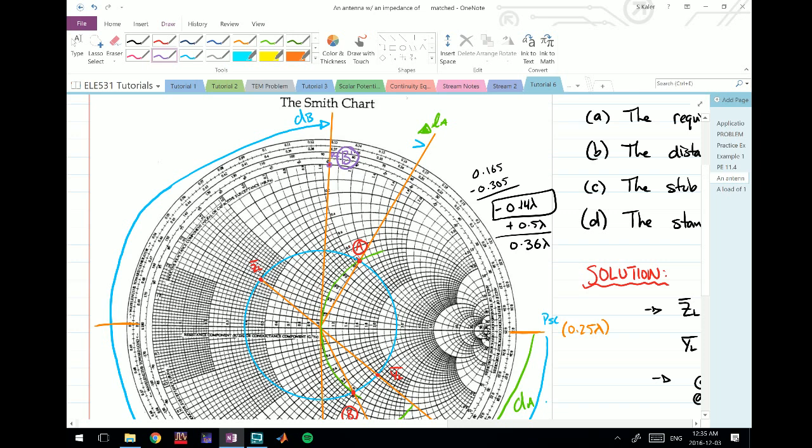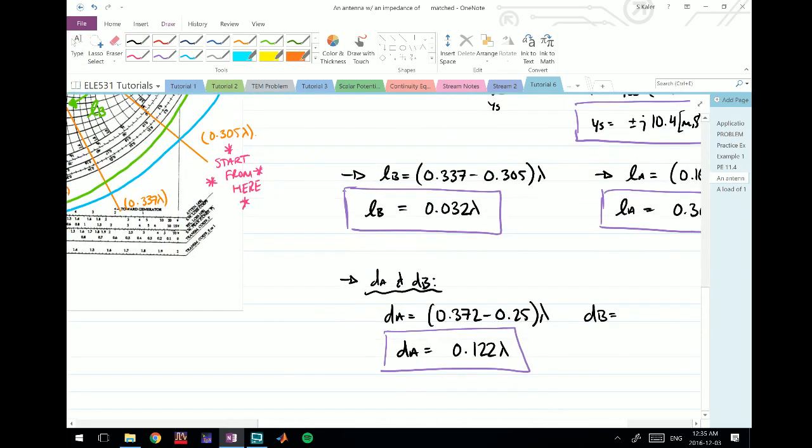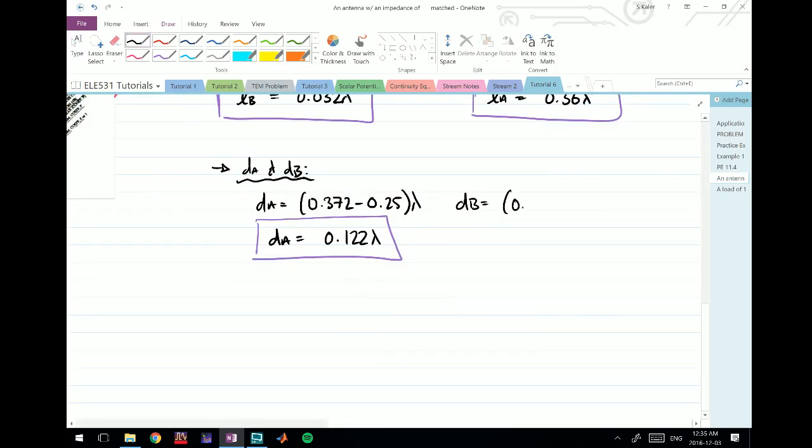And so on the outer scale now, because this side starts from 0, so I'm counting up here. On the outer scale, it looks like it's about 12.8, I would say. So I'm going to say that this is going to be 0.25 plus 0.128 lambda.